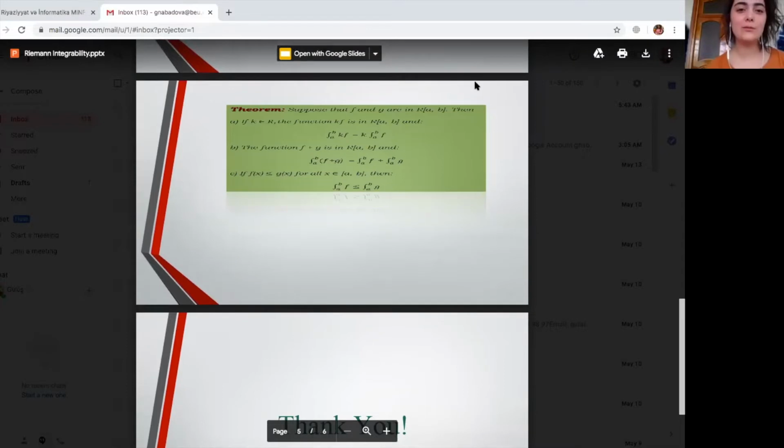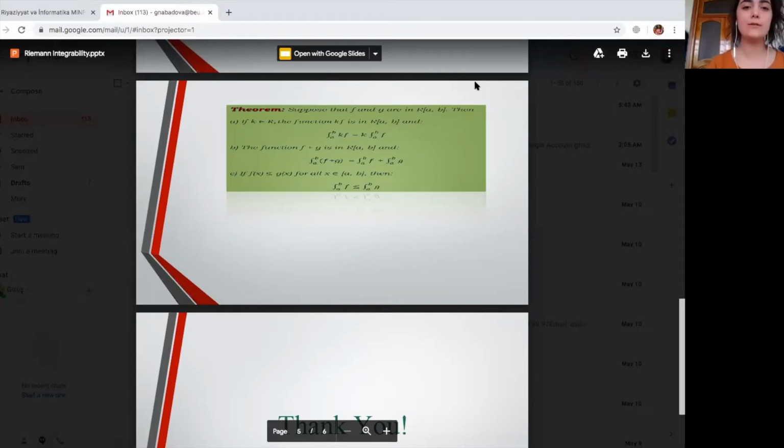We have a theorem: suppose that f and g are in R[a,b], and if k is in R, then for the function kf in Riemann integrability, we write k in front of the integral as a coefficient.